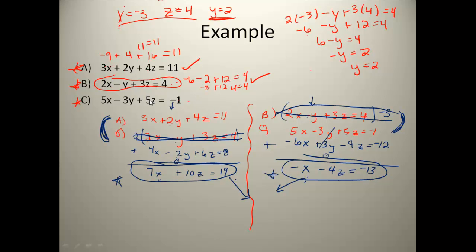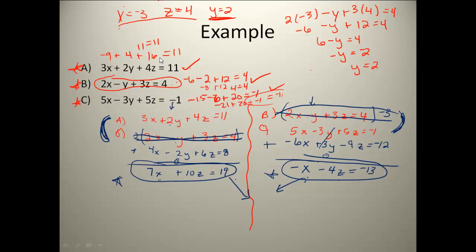Then the last one, I need to plug it in here. So 5 times negative 3 is negative 15, minus 3 times 2 is 6, and then plus 5 times our 4, which is a 20. That should all be negative 1. Well, negative 15 plus negative 6 is negative 21, plus a positive 20 is indeed negative 1, so I get negative 1 equals negative 1.